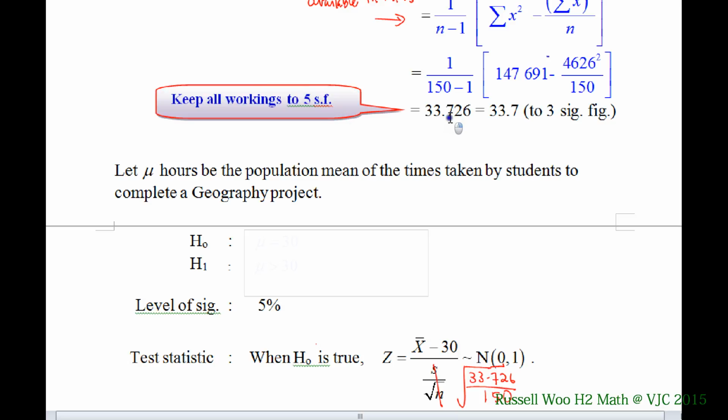Just take note of your intermediate steps, be careful, but just retain 5 SF because you're going to use this later on. Is that right? Then we can start our hypothesis test.